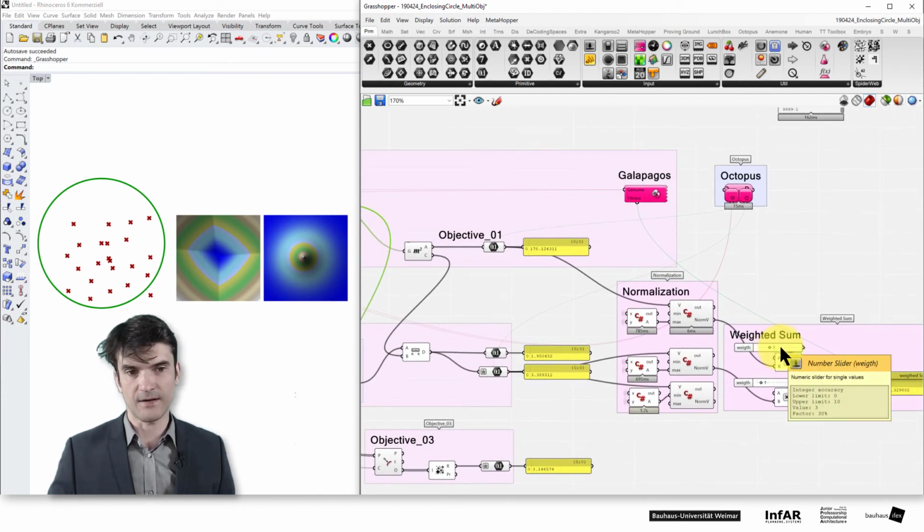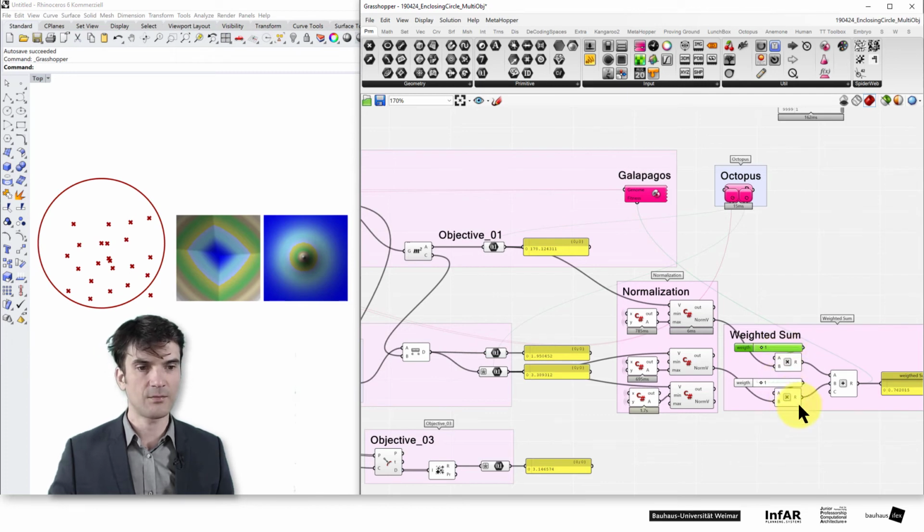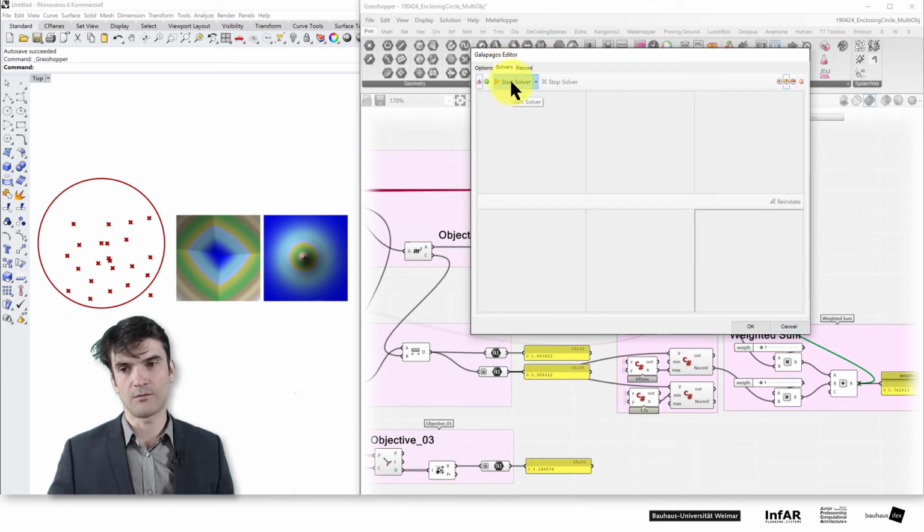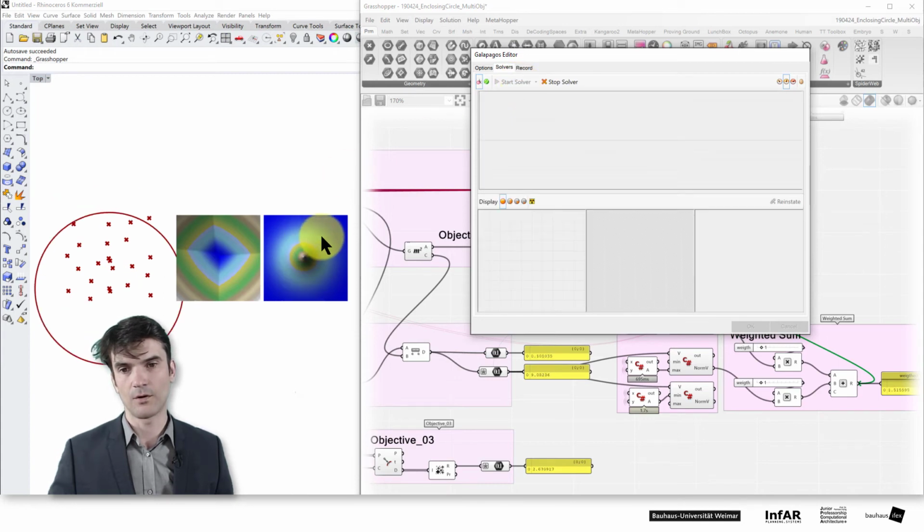It's clear that if I change the weighting, so let's reduce this to 1, that both are equally important, and if I run the optimization again, our compromise solution will be a bigger circle, because it will move more toward this objective, so the compromise will be closer to being as far away from the center of the point cloud as possible.